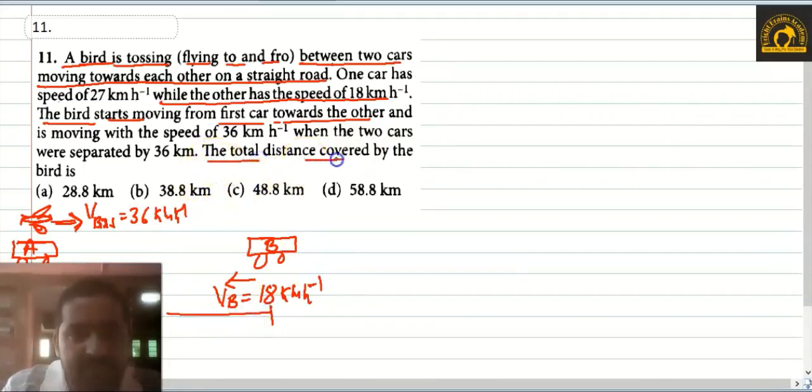What is the total distance covered by the bird? So let's see the solution.